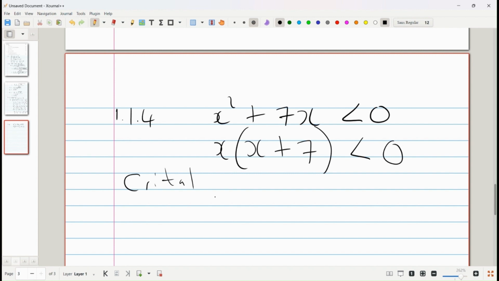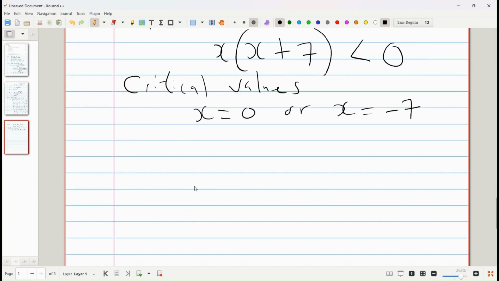So our critical values will be these ones here. It's either x equals to 0 or x equals to negative 7. So these are our critical values.